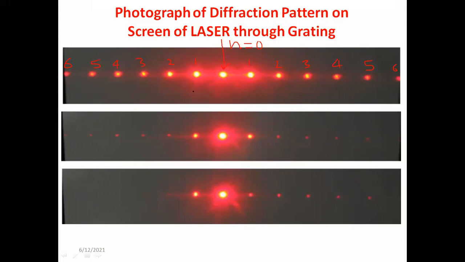Such a pattern you can observe in the laboratory, or depending upon the clarity of the grating, you will observe a pattern where n is equal to 0, then 1 and 1, then 2 and 2, then 3 and 3.